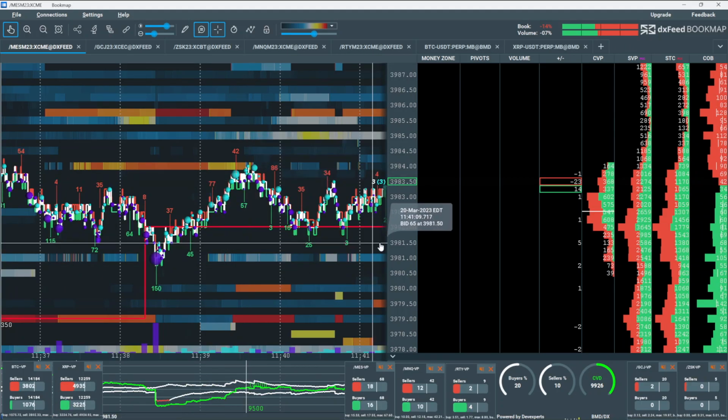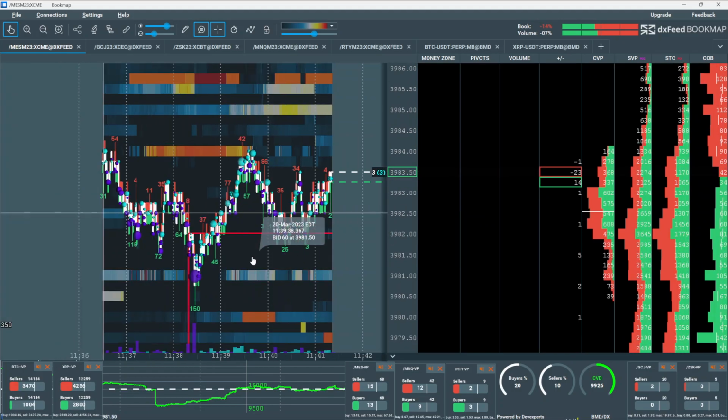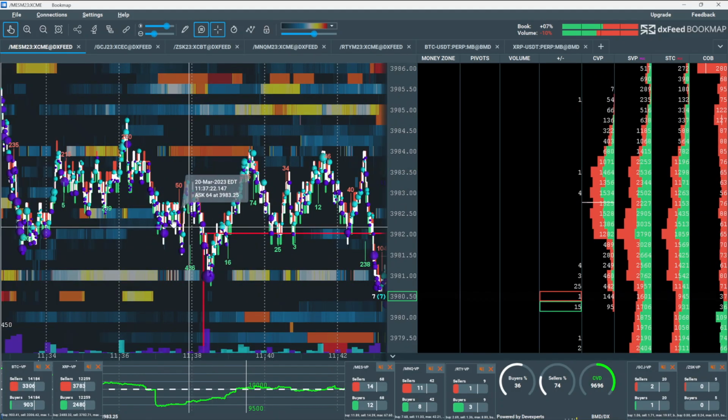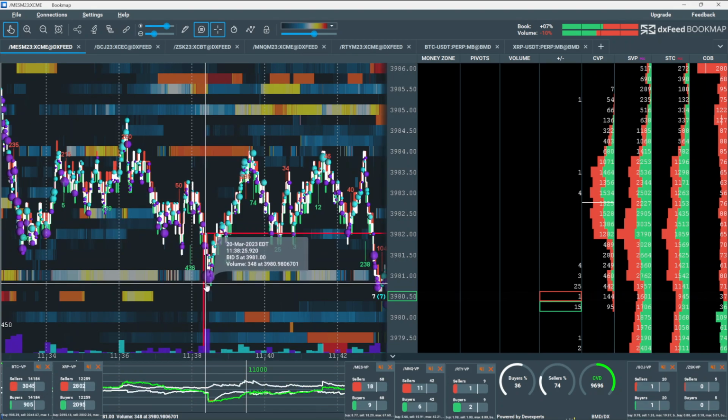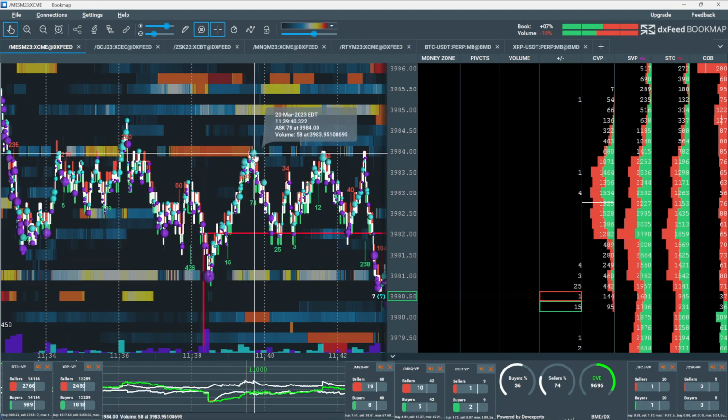And this is basically the entry here again, short. It's pulling down, we pull down to this level. We had a breakdown here to like 39.80, when it came back to 39.83, yeah, that was it.